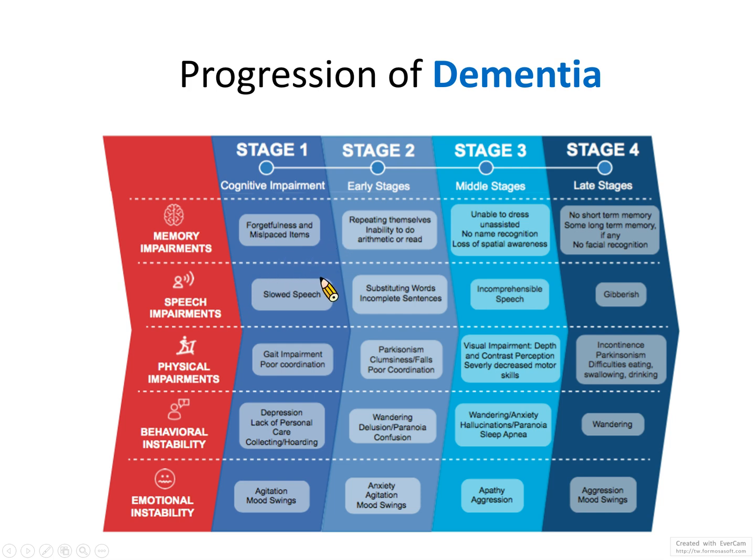Then usually we'll observe slowed speech in an affected individual, and there's gait impairment, poor coordination, and there may be psychiatric symptoms, for example, depression. It's very difficult to differentiate whether the symptom was caused by depression or the depression was a result of the dementia.